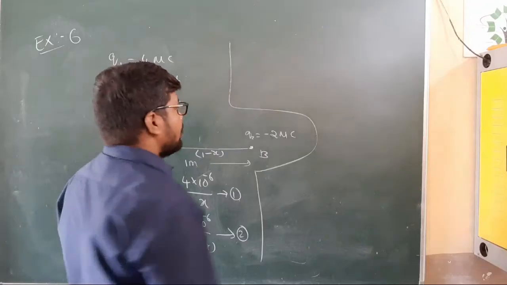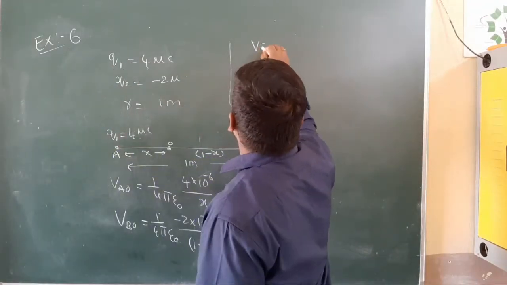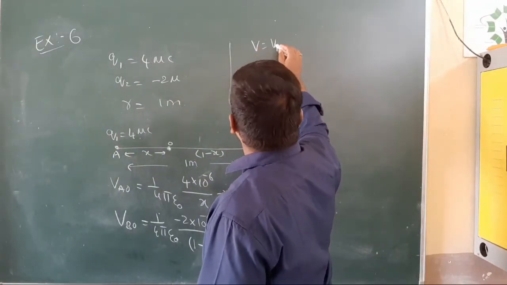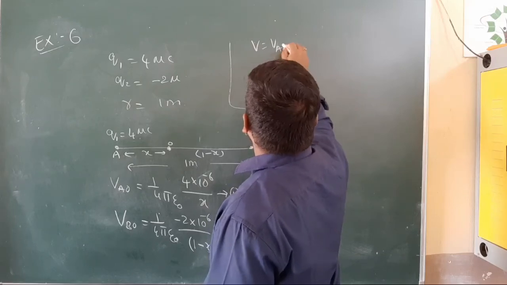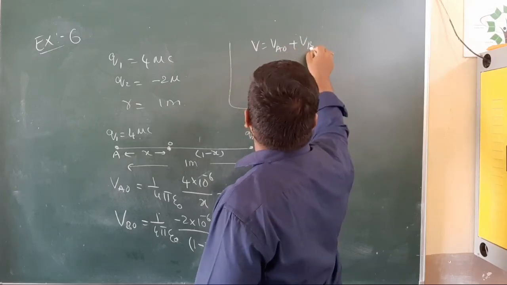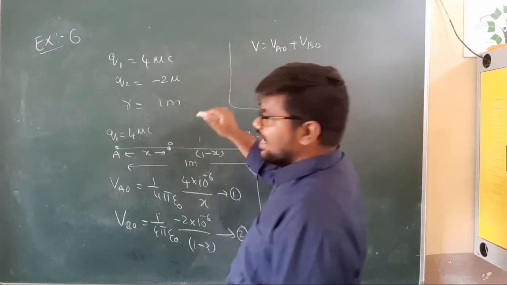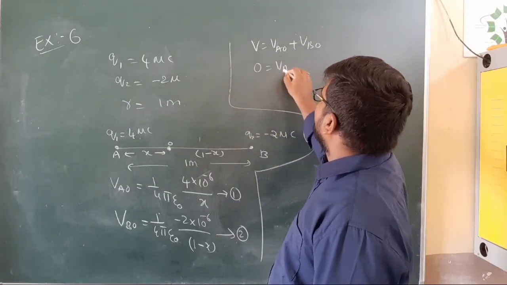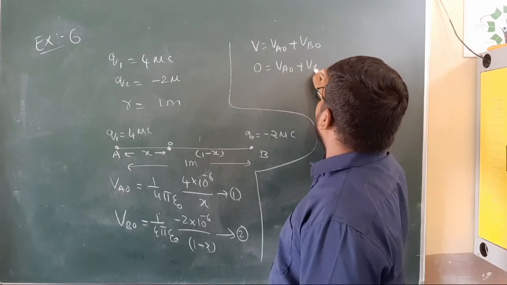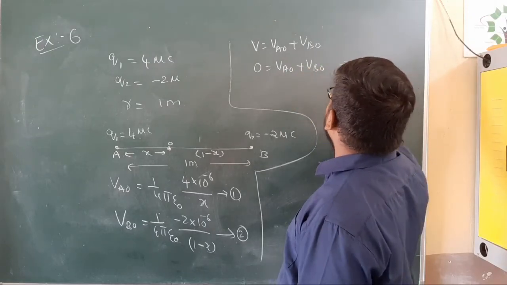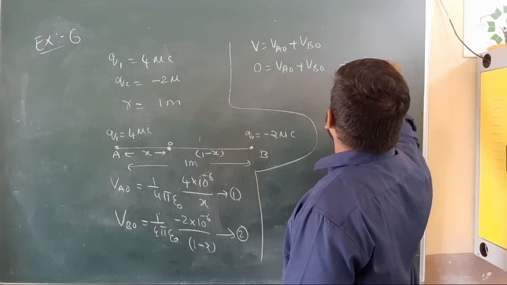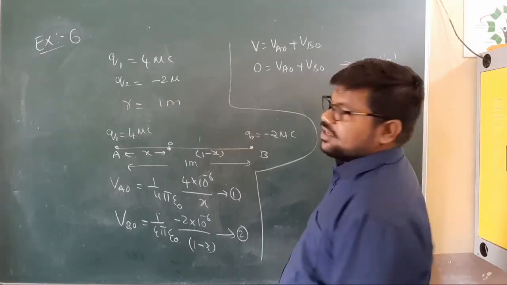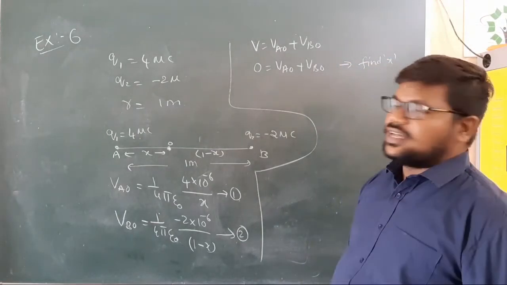And V is equal to V_AO plus V_BO. According to the question, 0 is equal to V_AO plus V_BO. In this case we have to find x. You have to find x, then that is the answer.